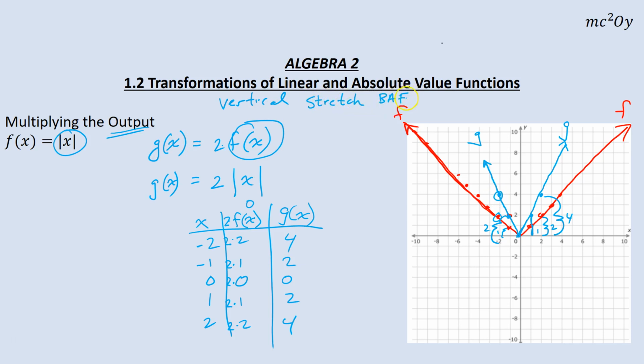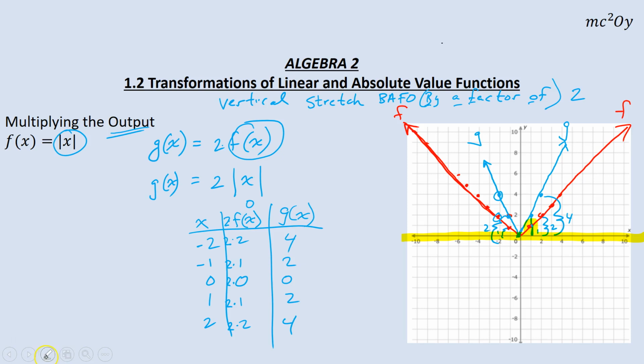BAFO, which we say BAF by a factor of, try to abbreviate it, we've talked about that a bunch, by a factor of, so BAFO 2. It means it's stretching everything away from the x-axis. It's making every point twice the distance.